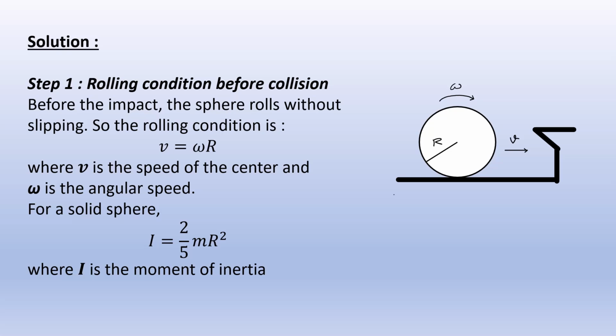We will use this expression later in the collision analysis while applying rotational dynamics and impulse relations. So before the collision starts, these are the two important relations that we must keep ready. The rolling condition v is equal to omega r and the moment of inertia, that is I is equal to 2 upon 5 into mr square.